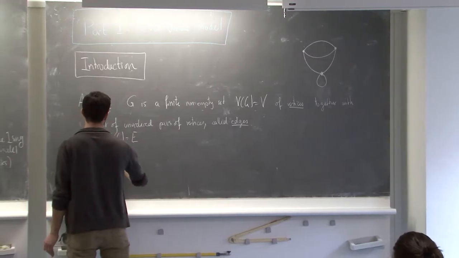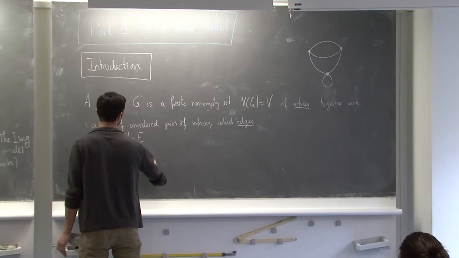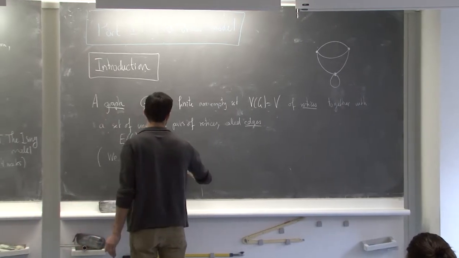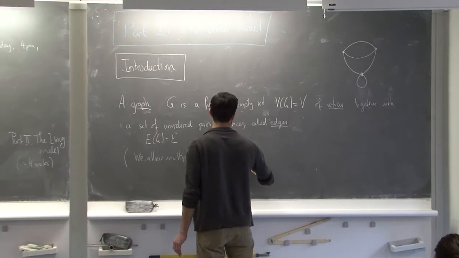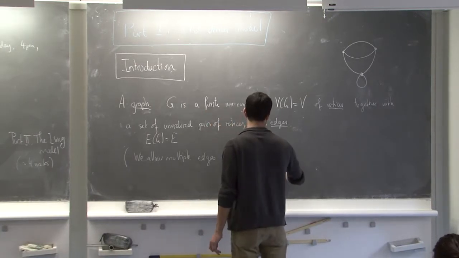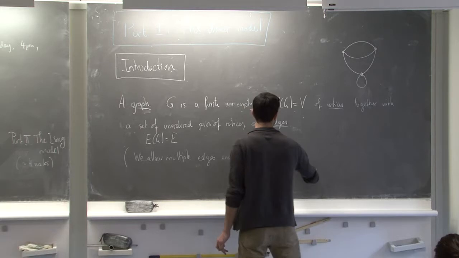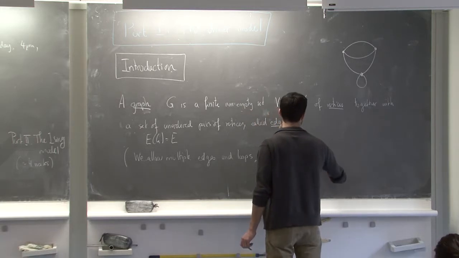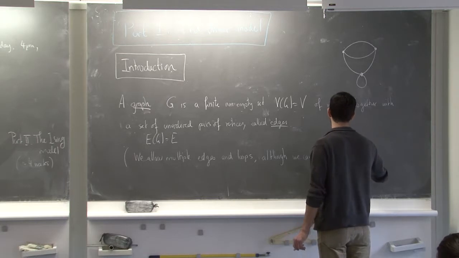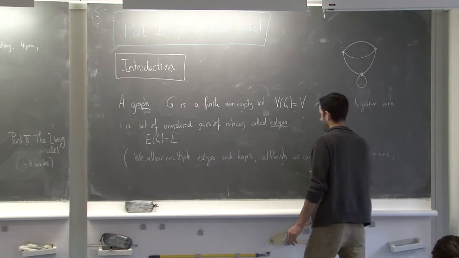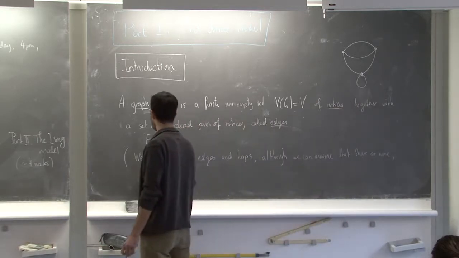We allow multiple edges and loops, although we can assume that there are none, i.e. that the graph is simple.